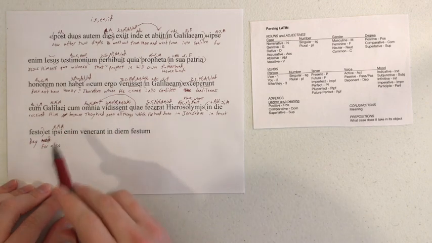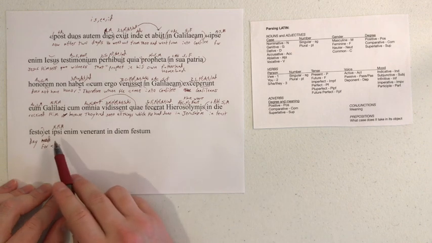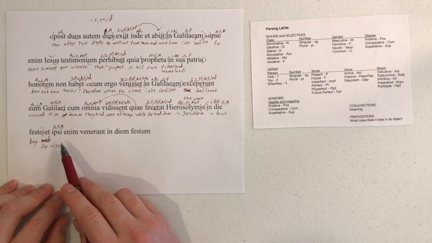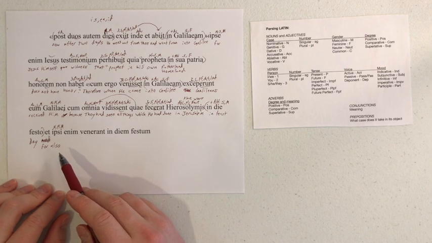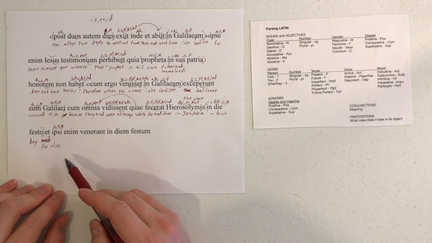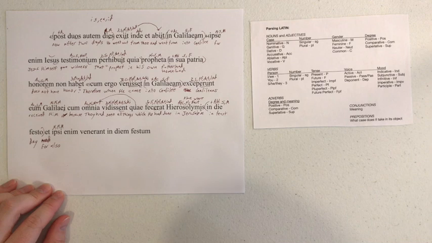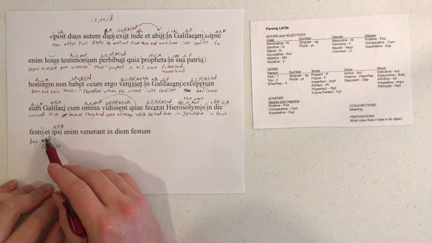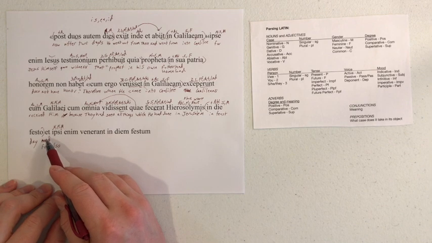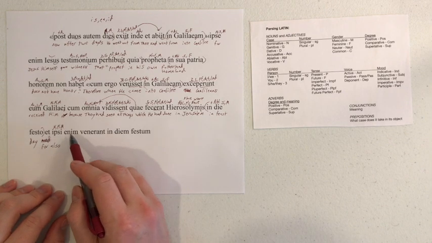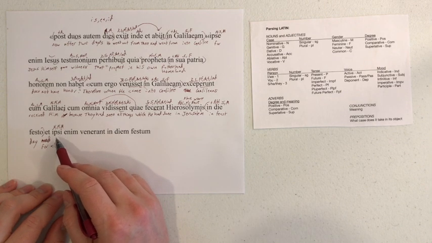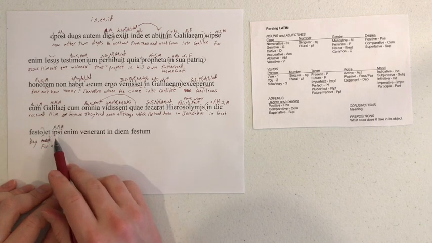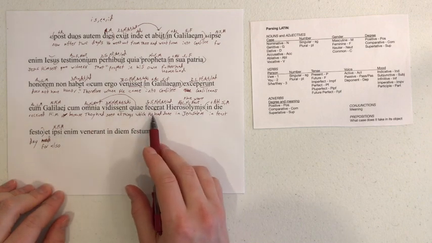Also, note, enim is third position in this clause, which I think, possibly even in the last Latin video, I talked about how you don't often see that. But what we've got going on here is enim can't follow et, or the writer doesn't allow for that. So instead something must come before enim, and that's going to be our subject, confirming yet again that the Galileans are our subject, changing from the third person singular Jesus.